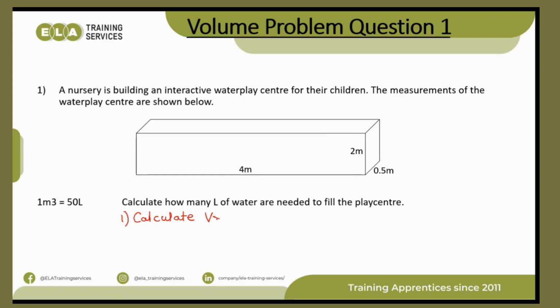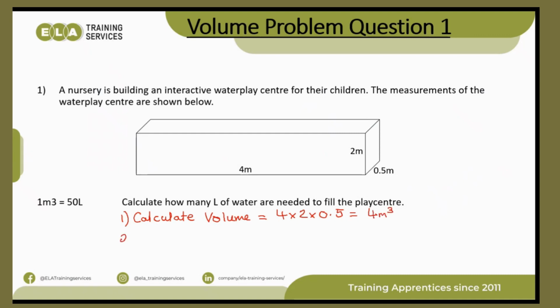And as we know, we do that by multiplying the length times the width times the depth. So 4 times 2 times 0.5, which is 4 metres cubed.